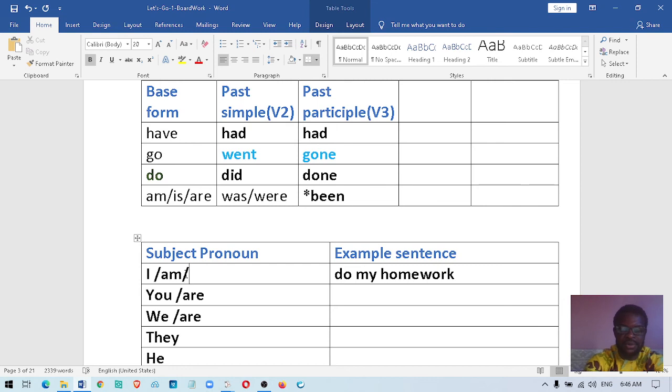I go. If we're using do, you say what? I do. Say this one, you are. If you are using do, you say you do. If you are using which other one? Go, you say what? You go.